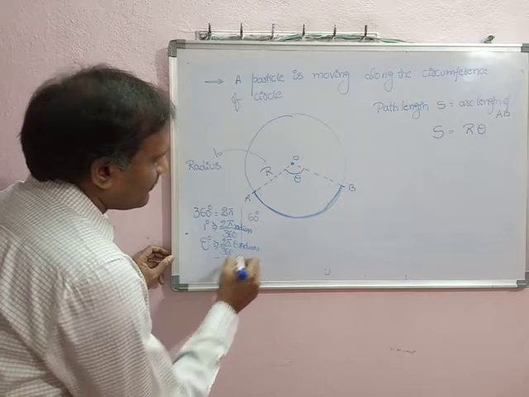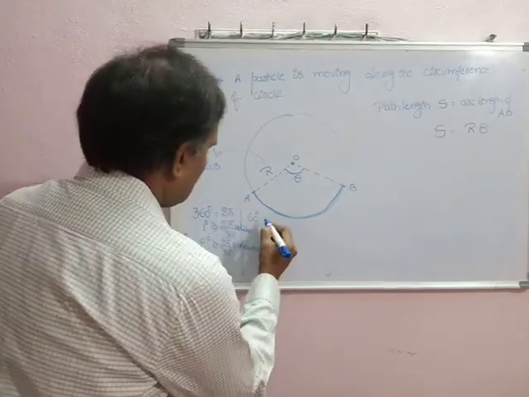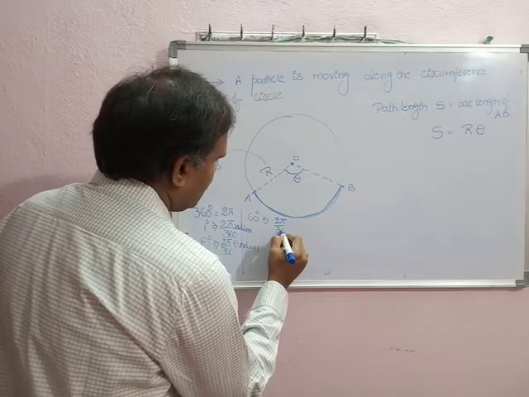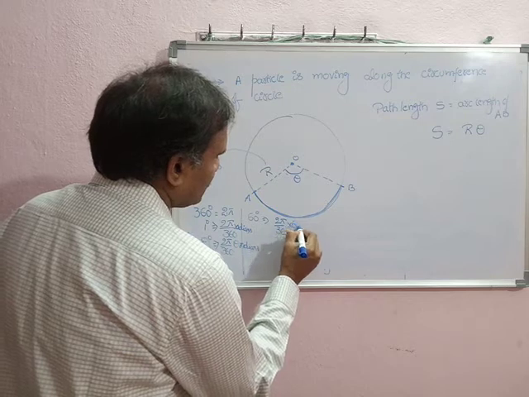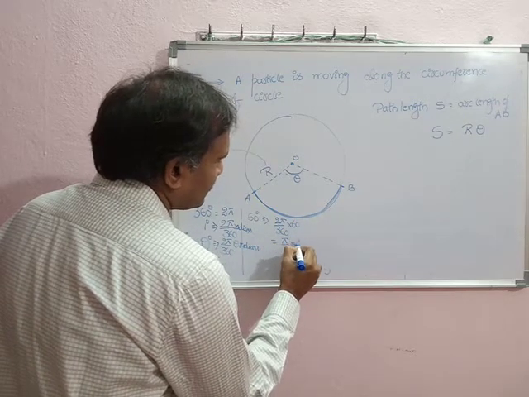Now you tell me, 60 degrees is equal to how many radians? It is 2 pi by 360 into 60, which is equal to pi by 3 radians.